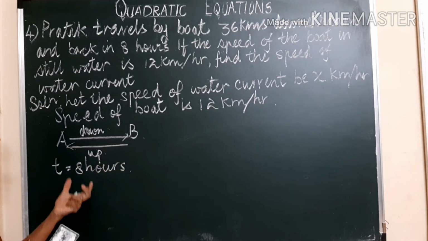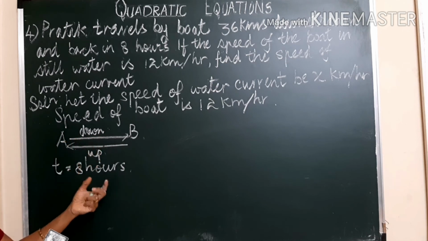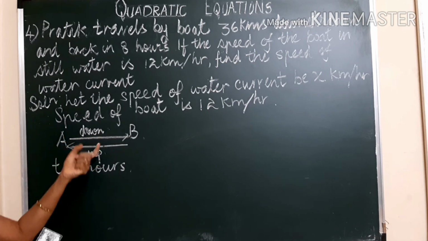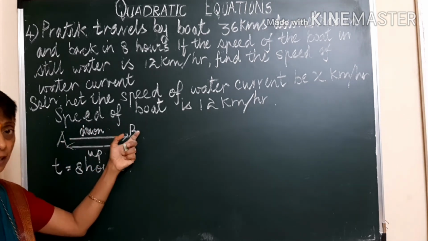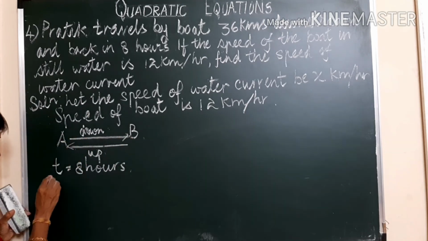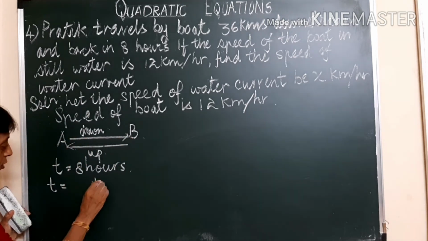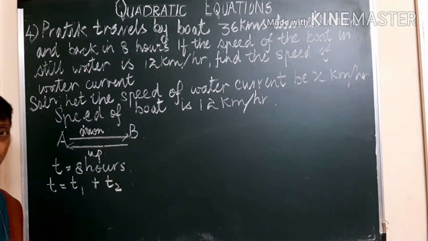Now this total time is a sum of which two timings? The two timings will be T1 plus T2, that is to travel from point A to B downstream and B to A upstream. So T is the sum of T1 plus T2. Right?